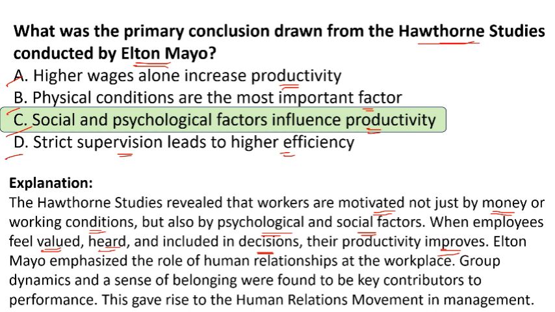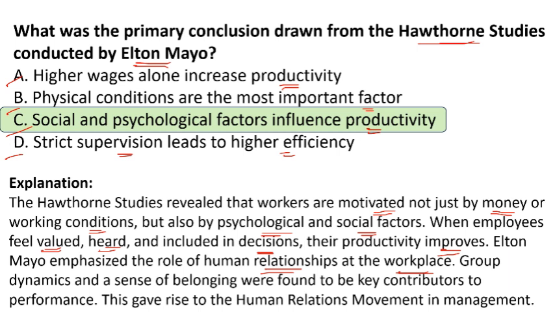Clear? So Elton Mayo emphasized the role of human relationships at the workplace, right? Elton Mayo explained how human relationships are important at the workplace. Group dynamics and a sense of belonging were found to be key contributors to performance.